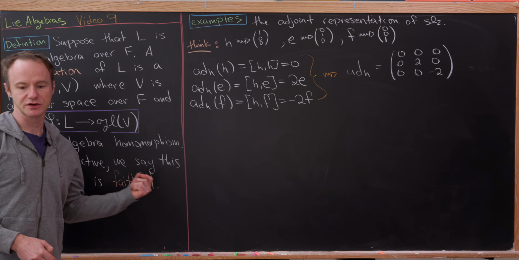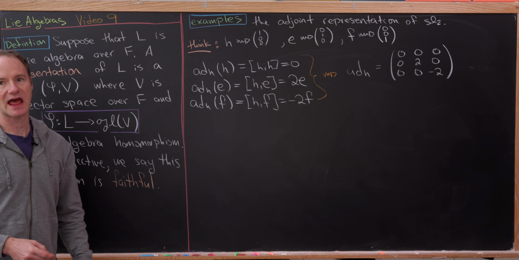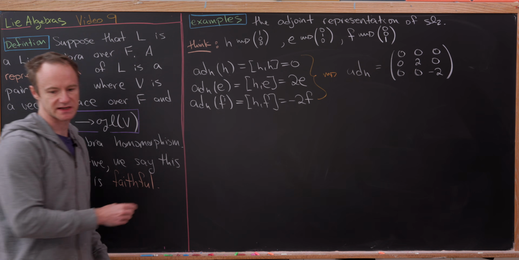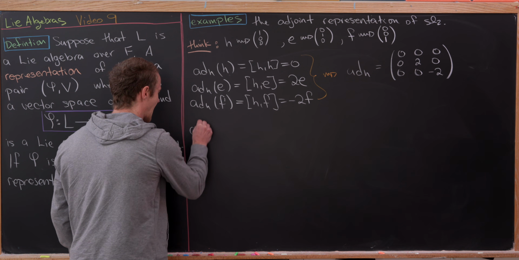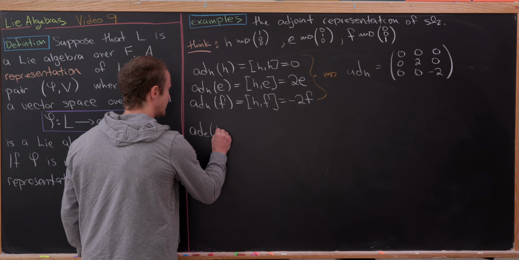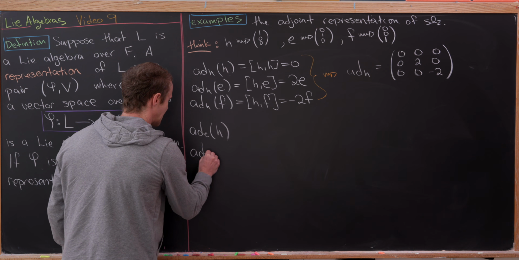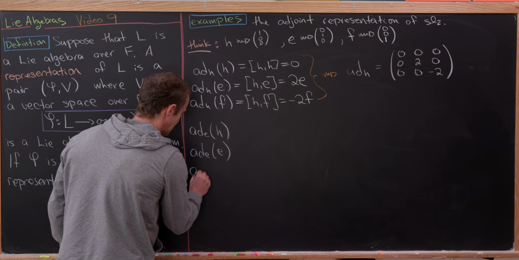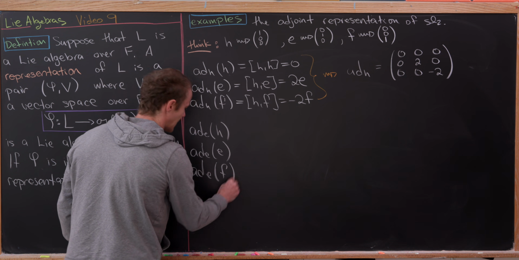Now let's look at ad E, and I'll leave ad F for a homework exercise. We need ad E applied to H, ad E applied to E, and ad E applied to F.